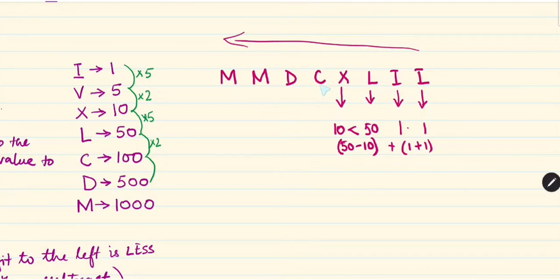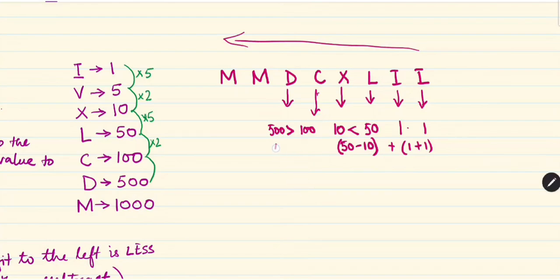Right. Then we have a C, which is a 100, and we have a D, which is a 500. So 500 is greater than 100. D is to the left of C, and when the digit to the left is greater than the digit to its right, then we add.